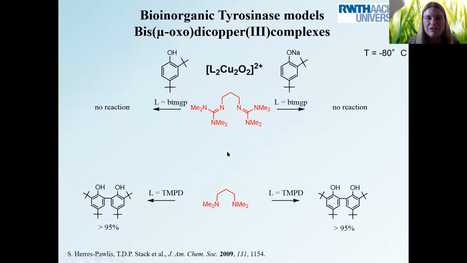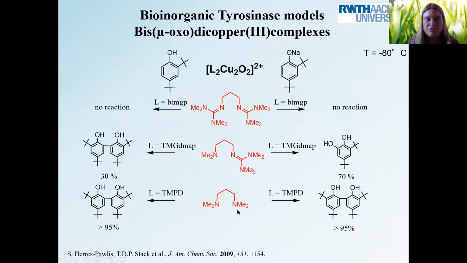And if you now mix these two ligands, so combine one large donor, which is sterically quite encumbering, and the small diamine donor, then you have the possibility to obtain such a hybrid guanidine, as we called them at that point in time. And with this hybrid guanidine, you indeed obtain the catechol. So here is tyrosinase-like reactivity at -80°, promoted by a bismuth oxo species.